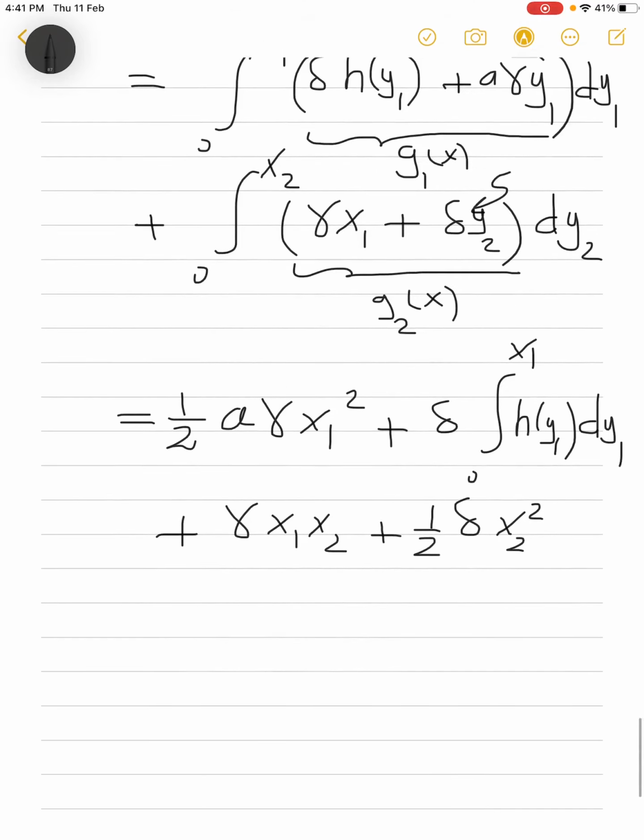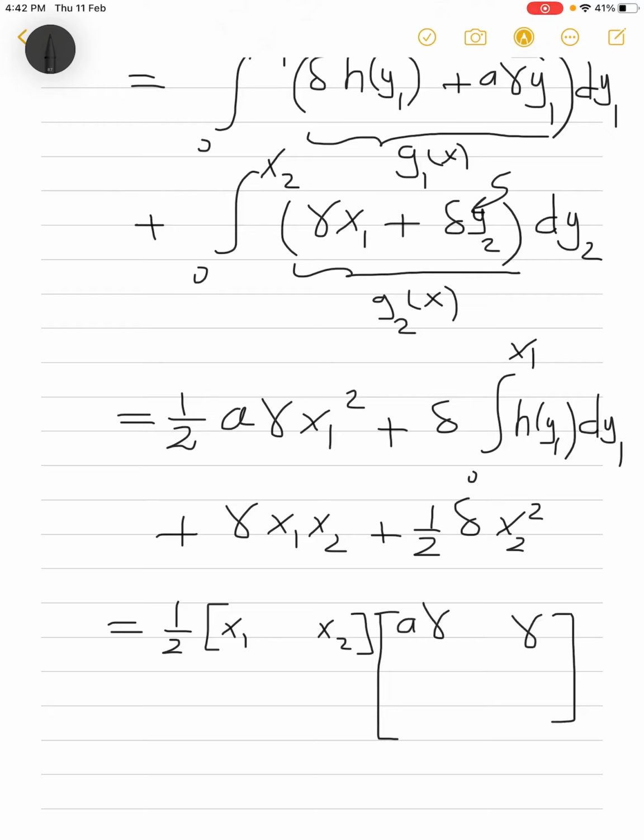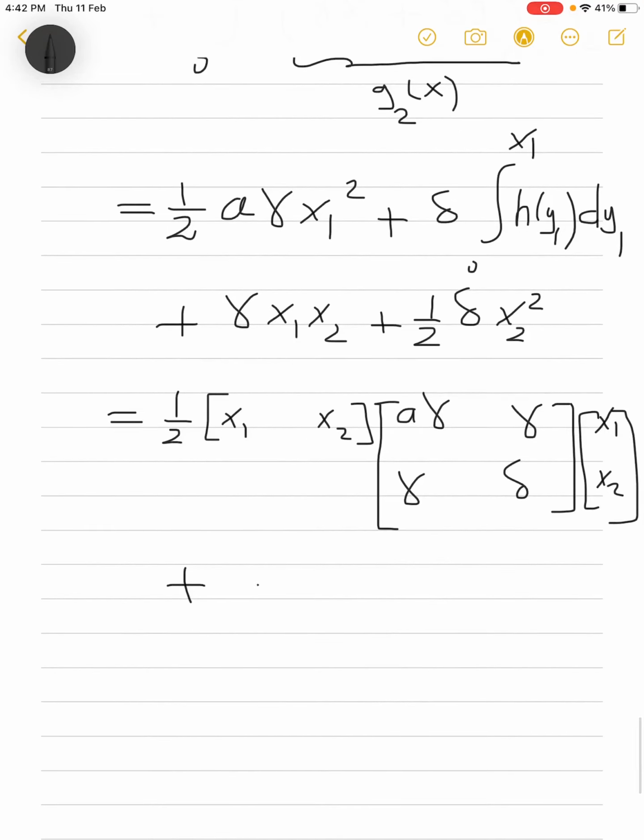Now we can rewrite this as 1/2 x1 and x2 times the matrix with A, gamma, and delta, multiplied by x1 x2, plus delta times the integration from 0 to x1 of h of y1 dy1.